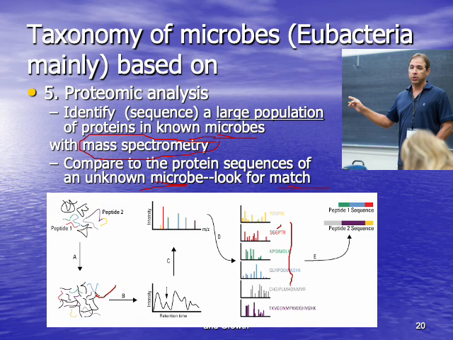That's how you can figure out what your microbe is, or at least, if it's totally new and novel, what it's most similar to. So you'd say, the proteins of my unknown are most similar to the proteins you find in E. coli, so it's got to be very similar to the bacterium E. coli. So I can place it near that taxon.